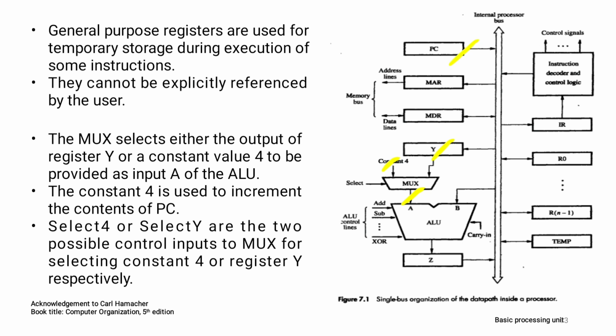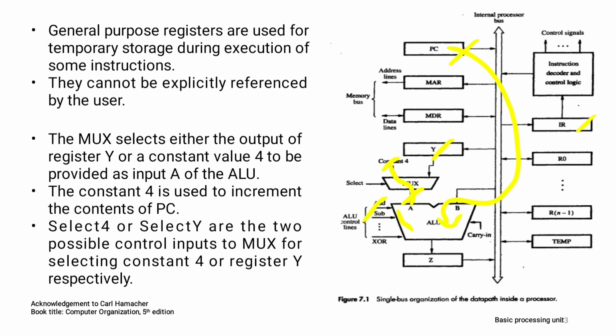That is, if PC is holding the address 1000, and that memory location has an instruction that is loaded in IR, then PC has to point to the next memory location address, that is 1004. For that, 1000 is given to the B input of the ALU, and the constant 4 is selected through the mux and sent as A to the ALU.